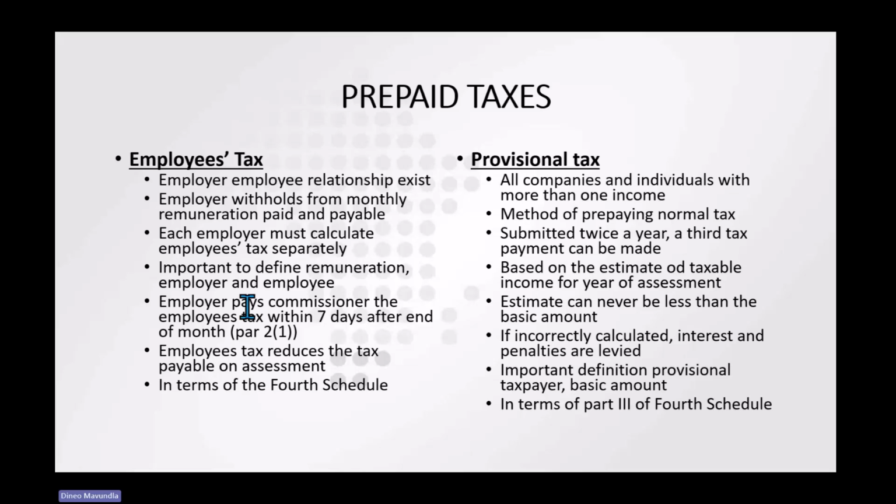So for instance, if I am asked by my employer to go to Cape Town during the month of September, but then something happens and the trip gets cancelled and I don't pay that money back, then the month following, October, the subsistence allowance that I received for my trip to Cape Town that never happened will form part of my salary in October if I never paid it back.